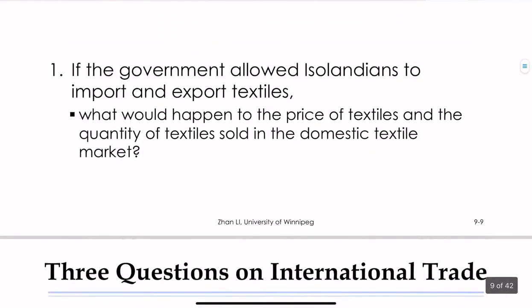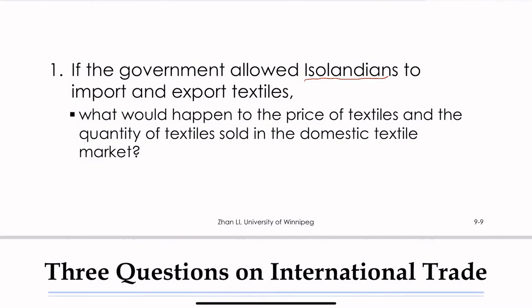The first is, if we open the market, if we allow Icelandics, that is the people living in Iceland, to import and export textiles, then what would happen to the price of textiles?